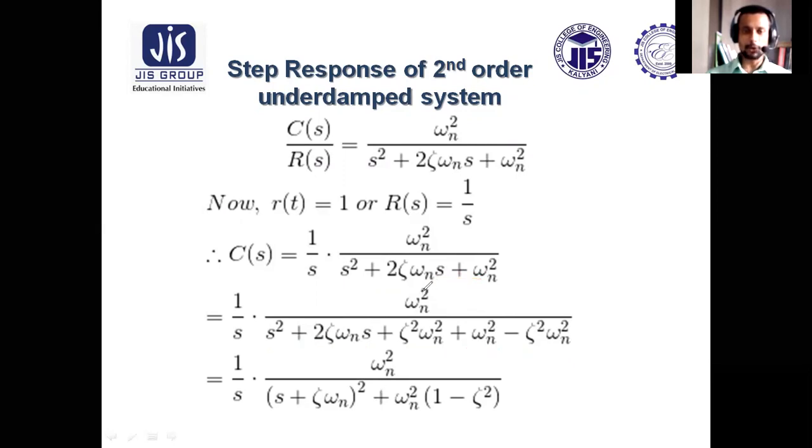So in the numerator there will be omega n square, and in the denominator this part will give us (s plus zeta omega n) whole square, and this part will give us omega n square into (1 minus zeta square). So this part is taken extra so as to make it a whole square. Okay, this is for derivation purpose.